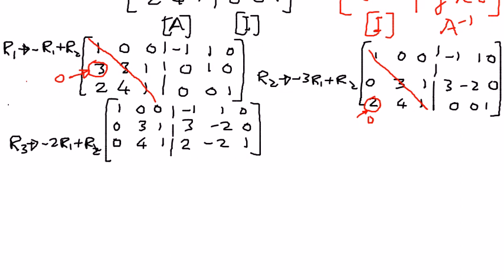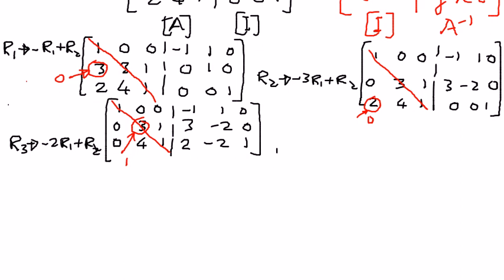So now let's draw the line along the major diagonal, and this time we want to make this 3 equal to 1, and to achieve that we're going to perform the row operation on the second row, and when we do that, this is what we're going to come up with.